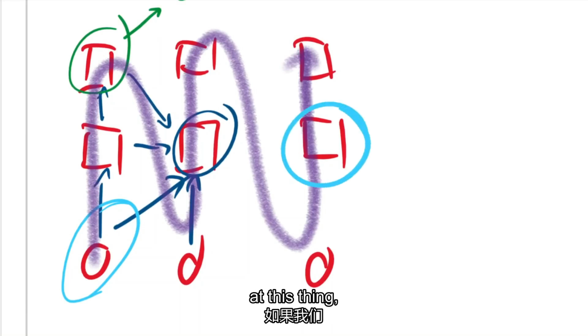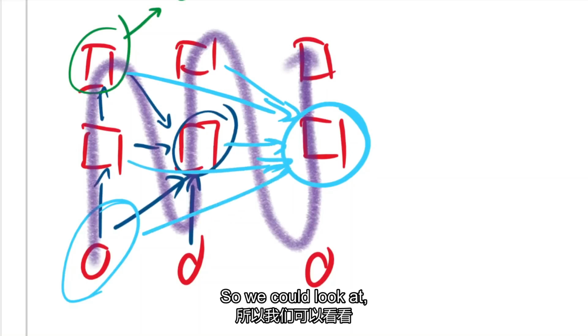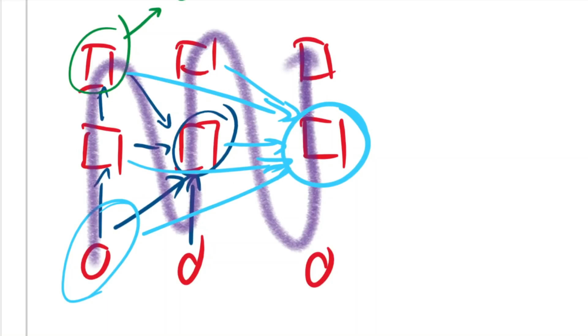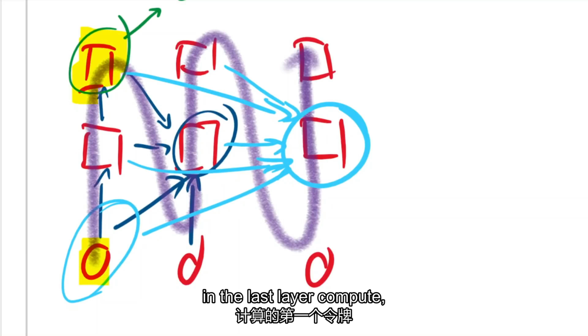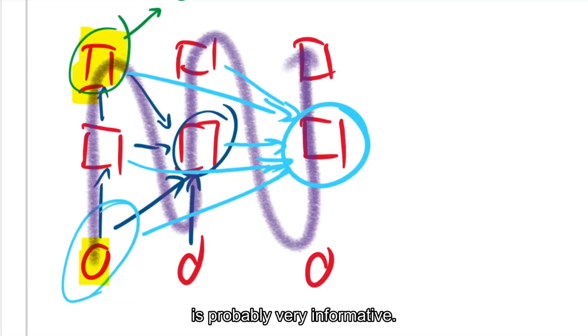So if we look at this, we could actually draw from all of the representations we've previously computed. We could look at what this token was, which a normal transformer could look at as well. But we could also look at what the last layer computed at the first token. It's probably very informative.